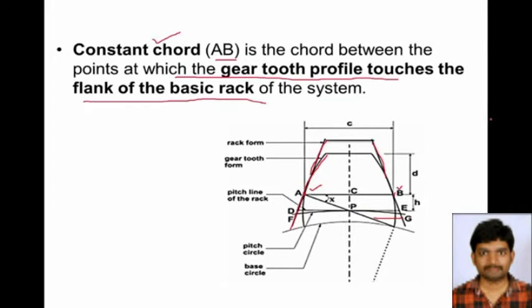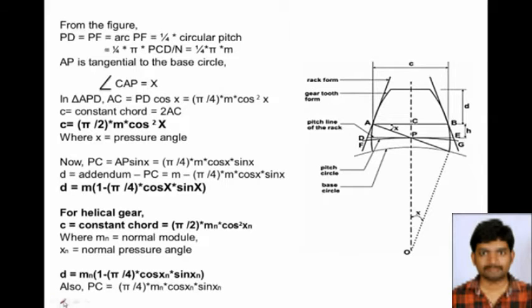So from this geometry we can derive the expression for the constant chord. This is equal to 2 times AC, that is the distance from A to C and C to B. So the constant chord is equal to 2 AC.